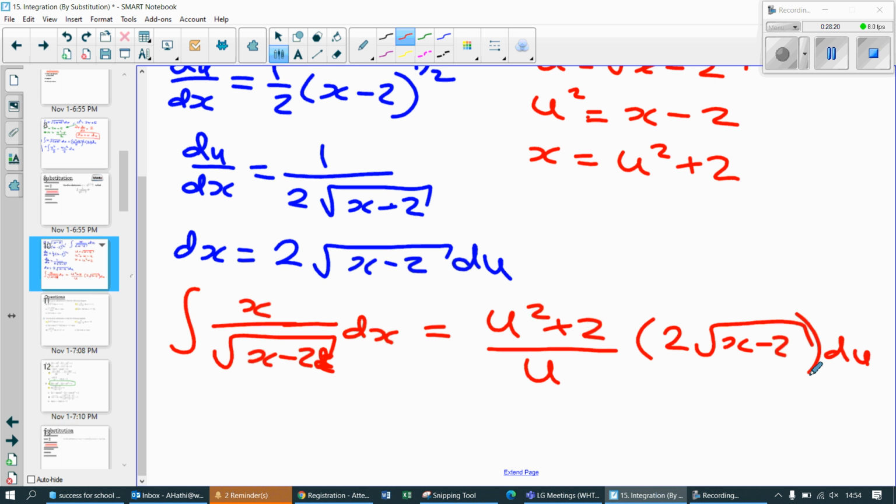I have to integrate with respect to a variable. There are ways of doing these things, but at school level, we're not going to go into this. I've got x, and I'm trying to integrate it with respect to u. I can't do that. Not allowed. Can anyone see a simple way of getting rid of that x minus 2? That's just u, isn't it?